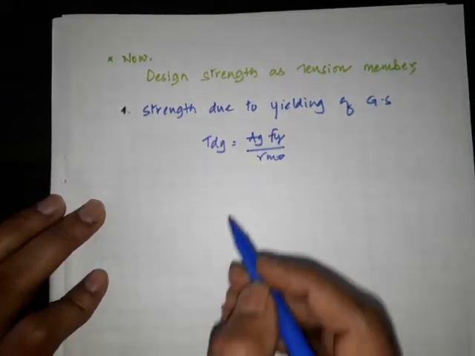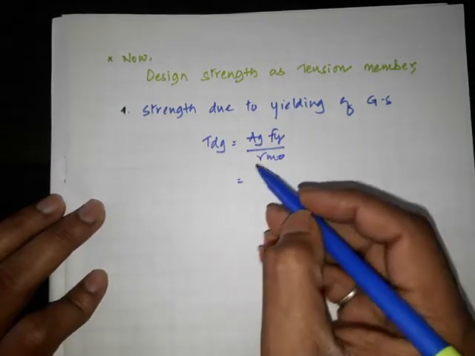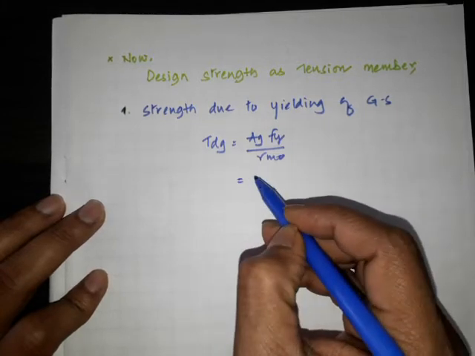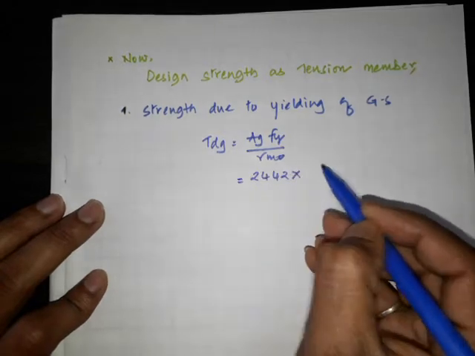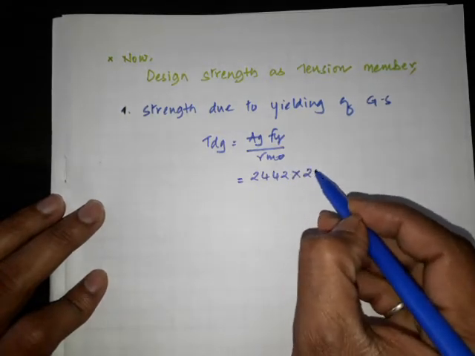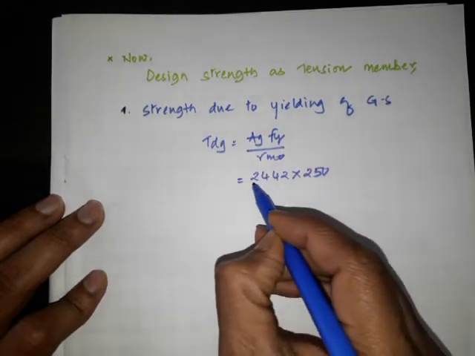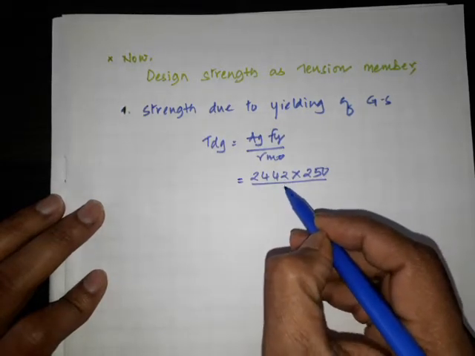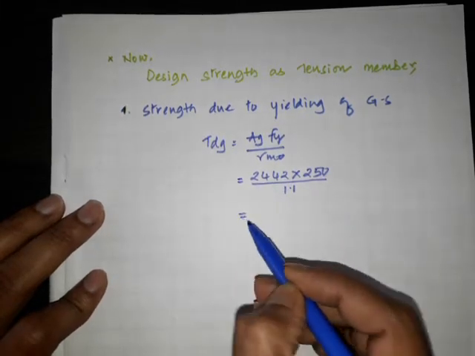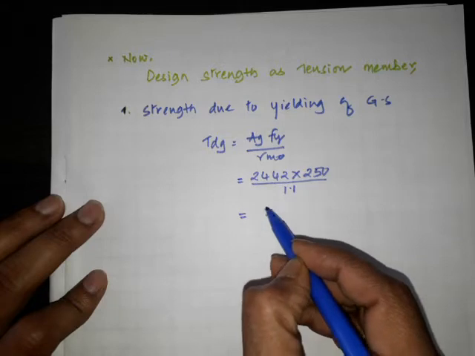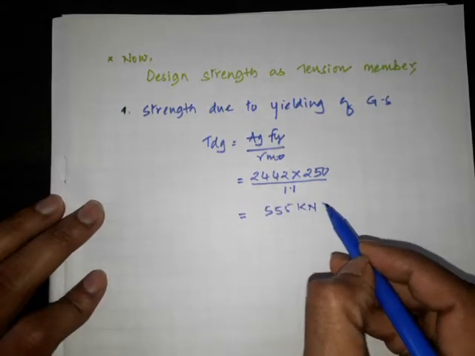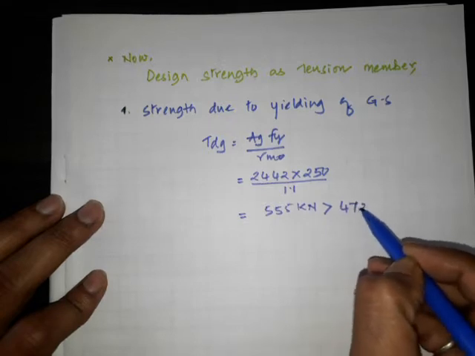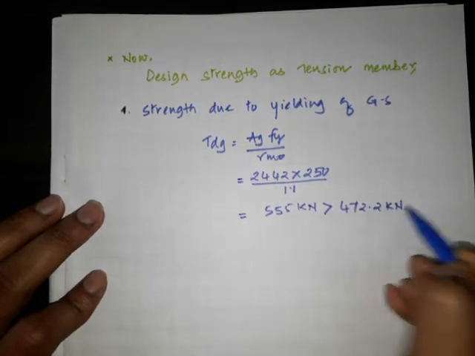Here the Ag is given, for the member you have selected, 2442 into fy is 250 upon gamma m0 is 1.1. So we get here 555 kilonewton, which is more than 472.2 kilonewton.